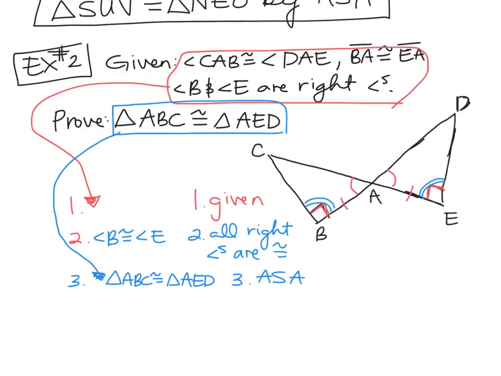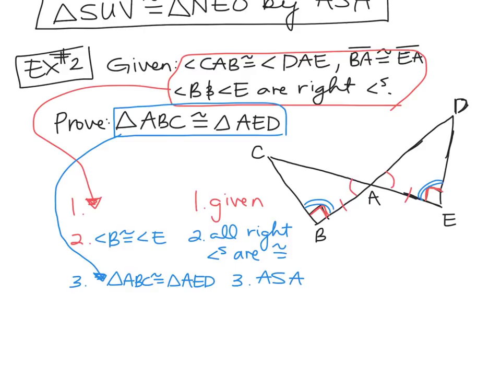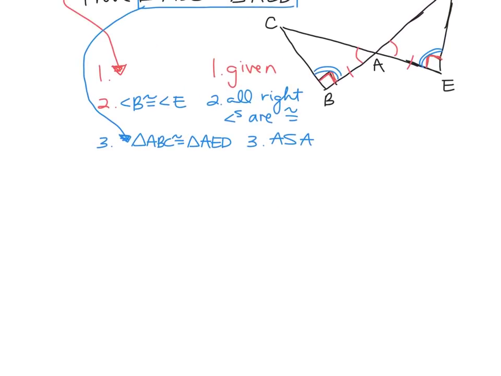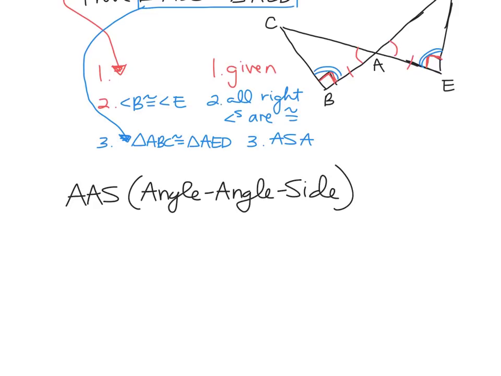All right. Then we're going to do the second one for today. So AAS is angle, angle, side.